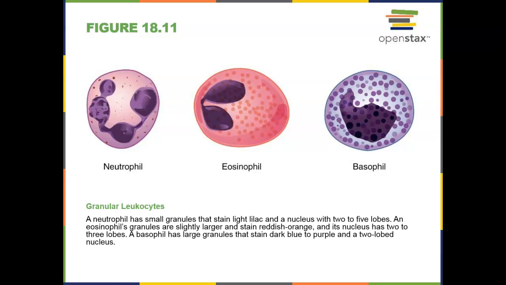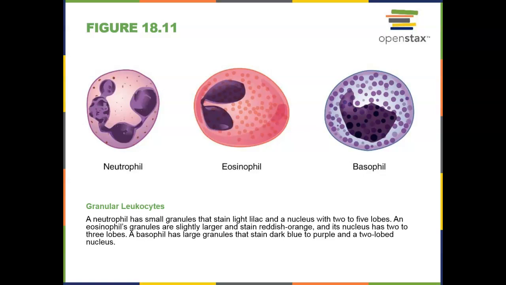Eosinophils are also able to phagocytize materials. They don't do it like neutrophils, so they don't move to sites where there's bacteria and just start phagocytizing. They become common during either an allergic reaction or a parasitic infection. So parasitic worm infection, I should say.